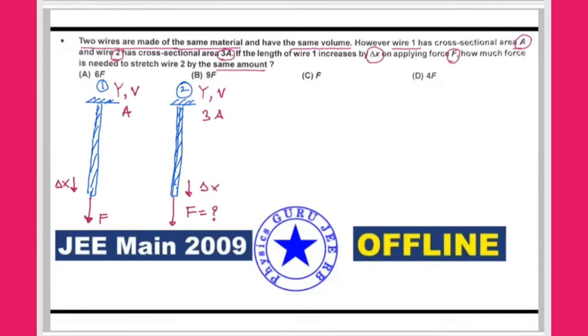Young's modulus Y is equal to stress divided by strain.